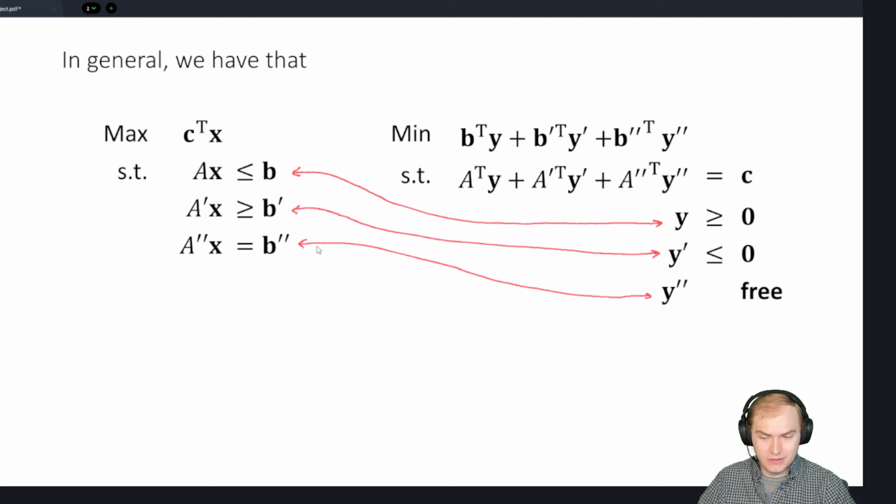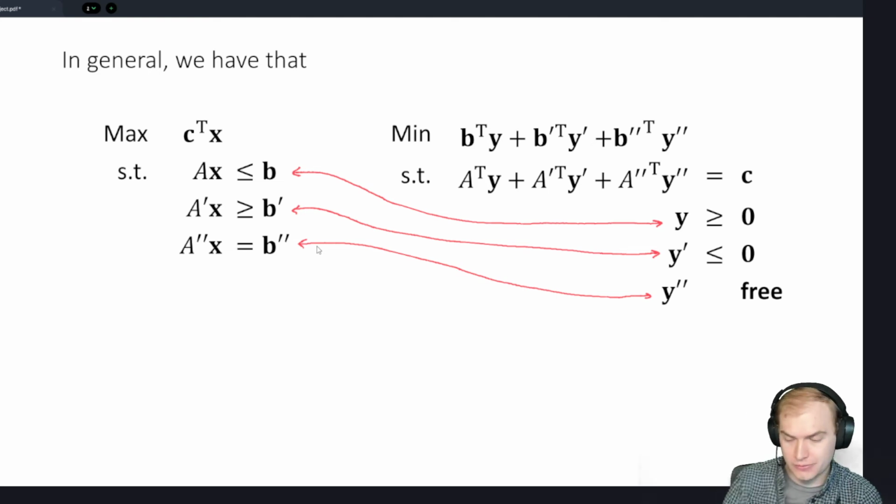So any free variable in the primal will correspond to an equation in the dual, and any equation in the primal will correspond to a free variable in the dual. Which is sort of wild.